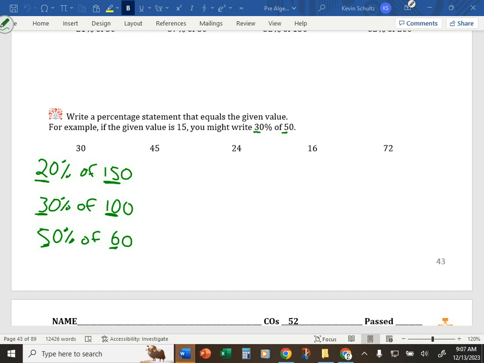You could even reverse that and take 60% of 50. This also takes 5 times 6 if you cancel out the zeros using the multiplication trick, right? So there are a lot of different answers that you could have, but essentially you're looking for factors of whatever this number is to use in your percentage statement.